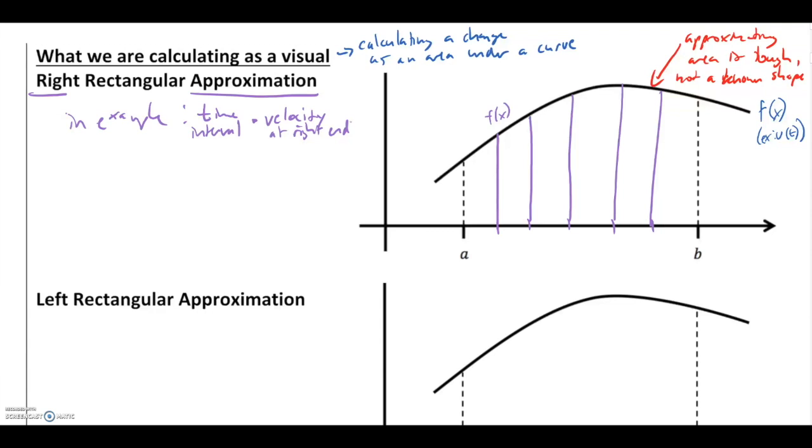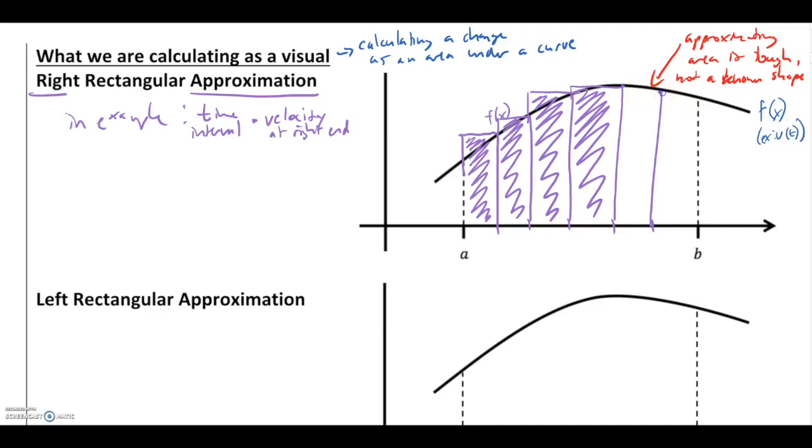Multiplying those two dimensions, that's just the area of a rectangle. And the rectangles we're finding the areas for would look like this. Rectangles that have a certain width and whose height is determined by the function value on the right. And I can go across and think about all those different rectangles that we were using to make our approximation.